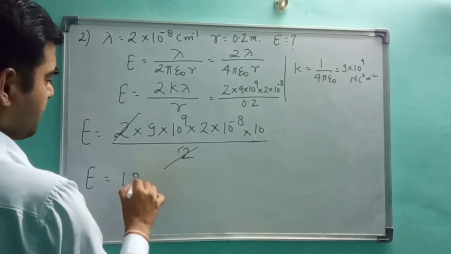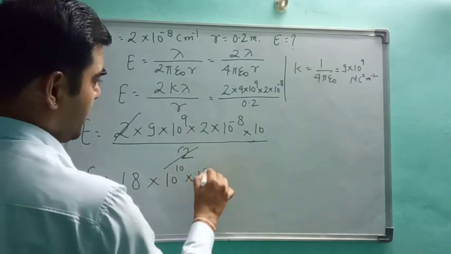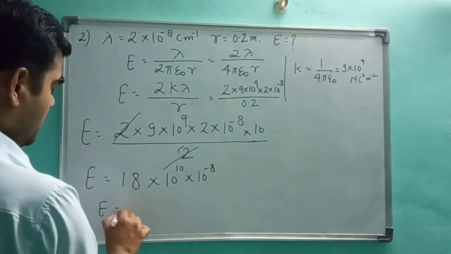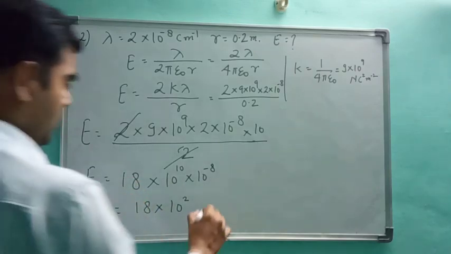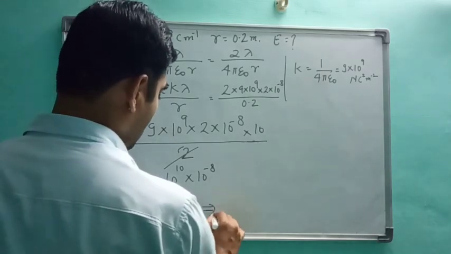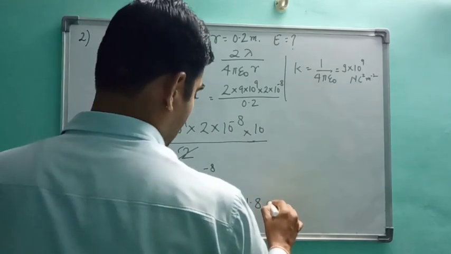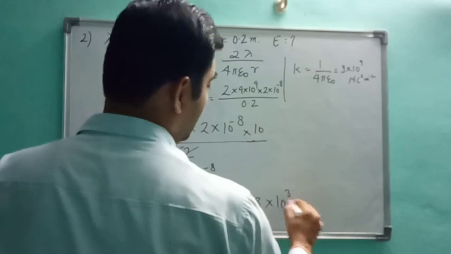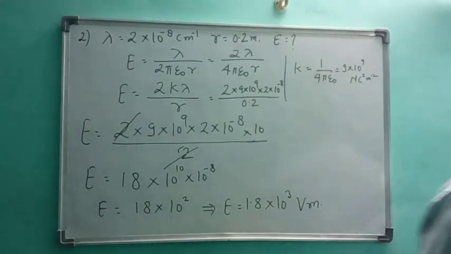Multiply 18, and 10 to the power 10 and 10 to the power minus 8. So E is equal to 18 into 10 to the power 2. Now put the decimal, so 1.8 into 10 to the power 3 volt per meter, and then the SI unit is right.